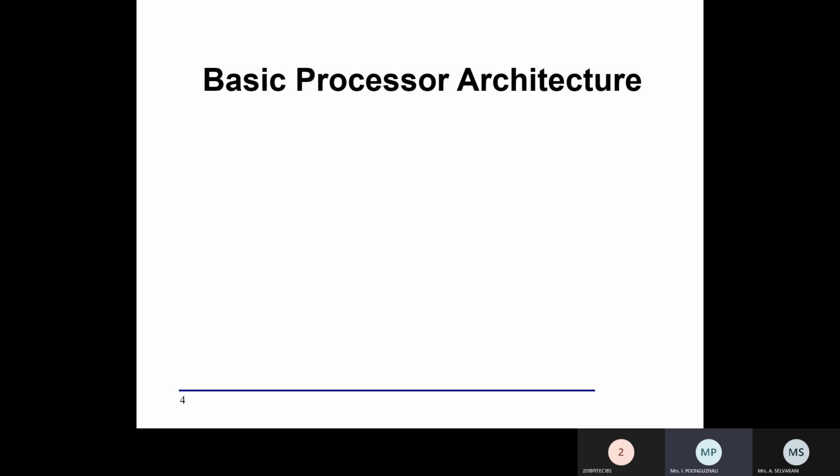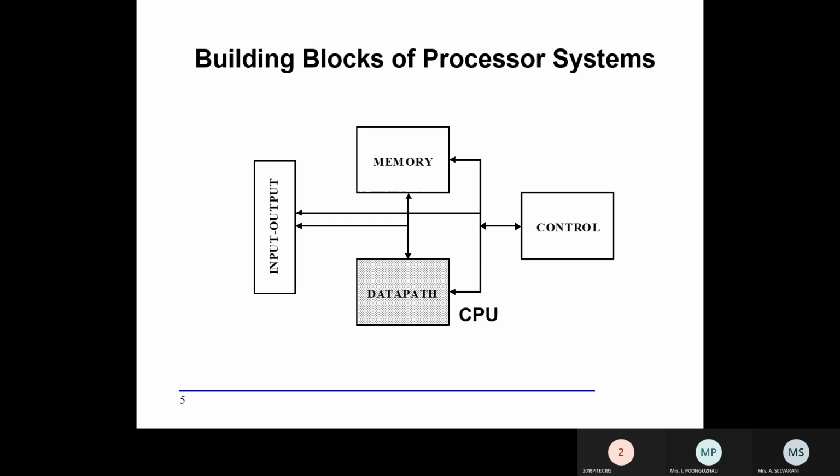What is a microprocessor? It is a central processing unit which we are using. It works with an input and output unit, memory, and control unit which are connected to the CPU, that is the data path. We can call it the data path, otherwise the central processing unit, that is your processor. We have many processors.